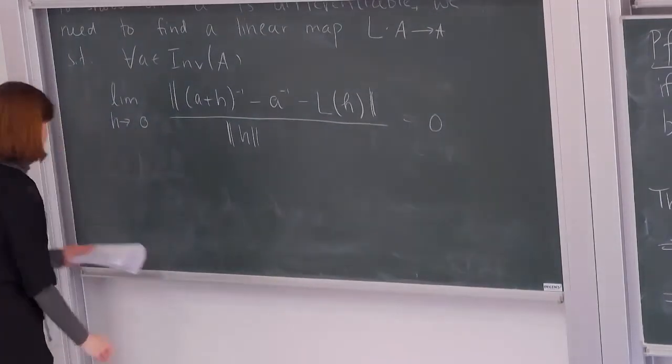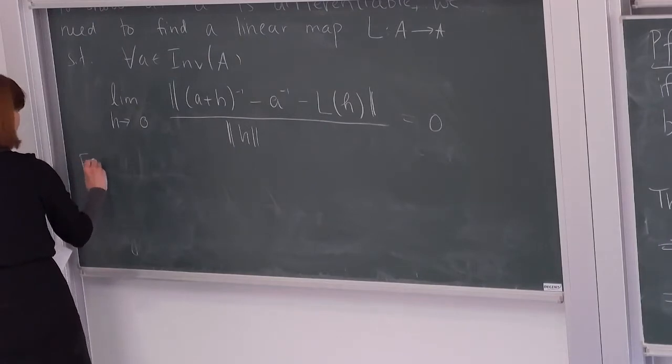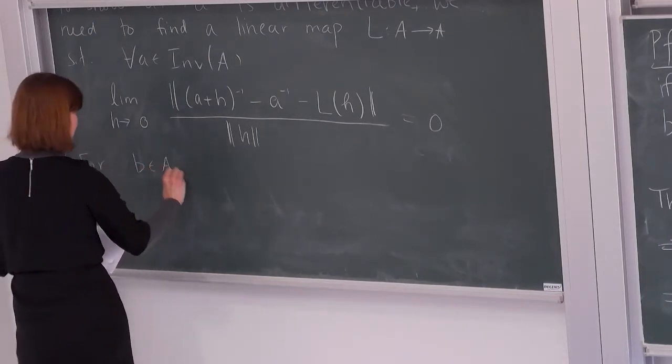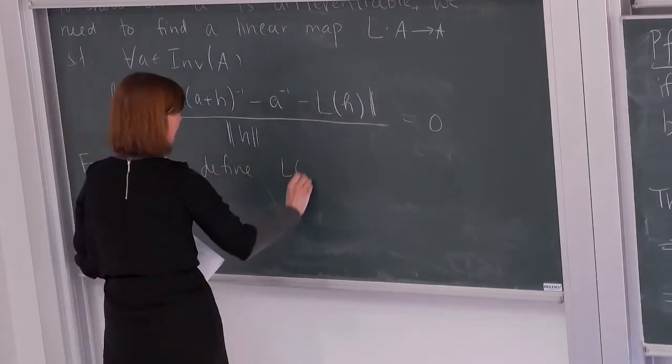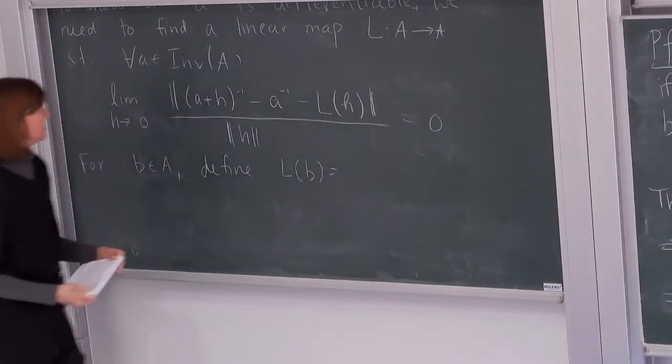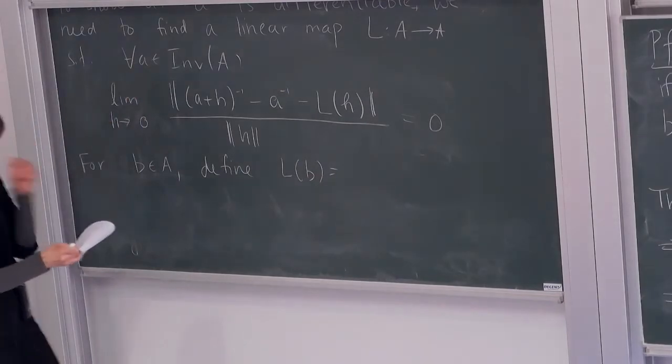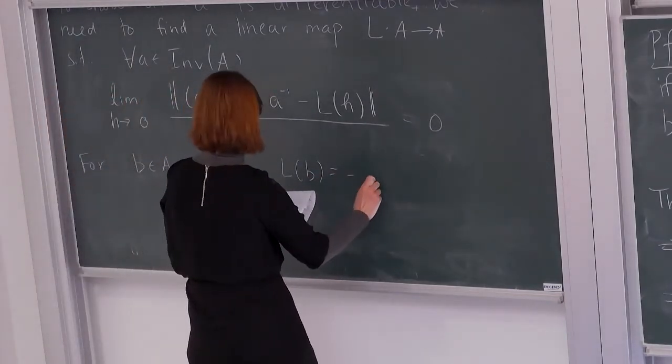So how will we define this? Well, for b, an element of the algebra, define L of b to be the conjugation by a inverse with a minus sign.